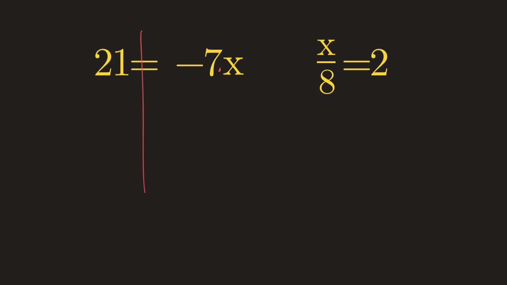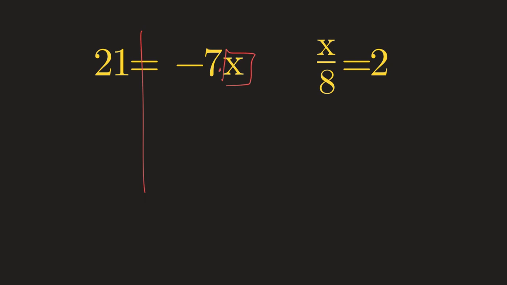What are we solving for? Say it out loud. X. Say it with confidence. We're solving for x. What do I need to get rid of to get the x by itself?